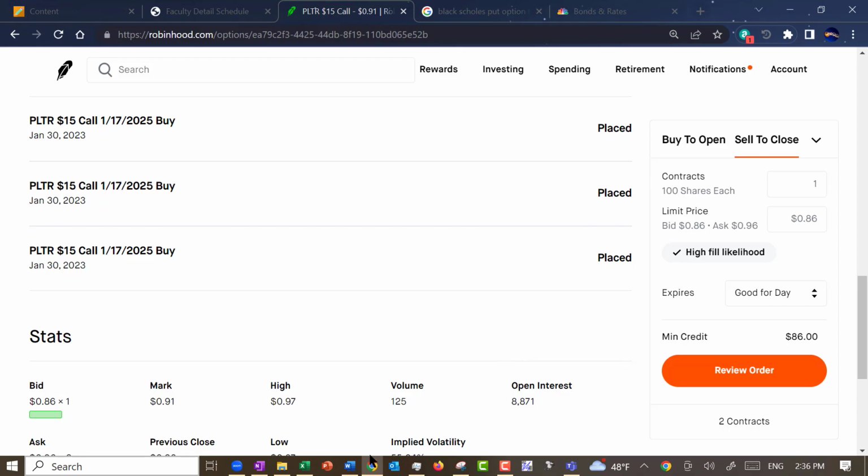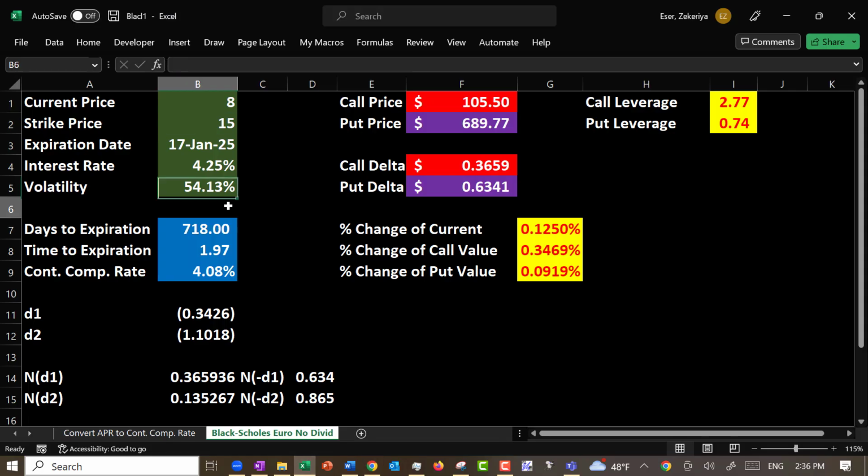Because right now, if you want to change something, you can do it, but if you wanted to do a table of option prices, the different strike prices, you're going to have to do, let's say, 10 of these sheets.